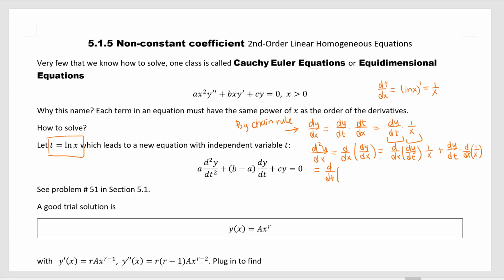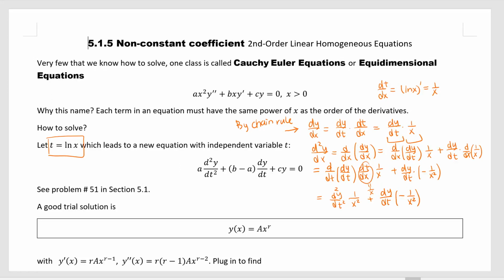That is d/dt of dy/dt, times dt/dx, times 1 over x, plus dy/dt. The derivative of 1 over x is negative 1 over x squared. But dt/dx is also 1 over x. So we get the second derivative of y with respect to t times 1 over x squared, plus dy/dt times minus 1 over x squared.